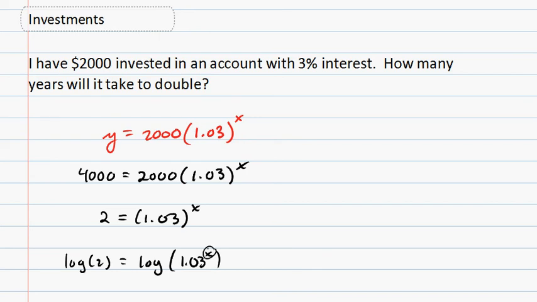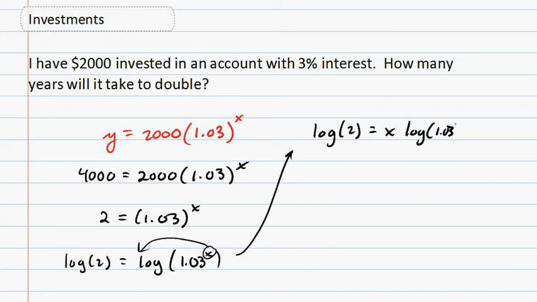Okay, and this x, the exponent, can be put out in the front. So this will be log of 2 equals x times log of 1.03. And I divide both sides, so I will have this to put in my calculator. Alright.